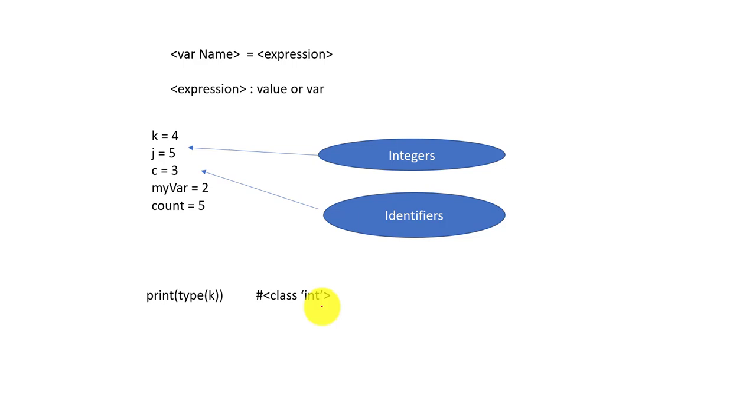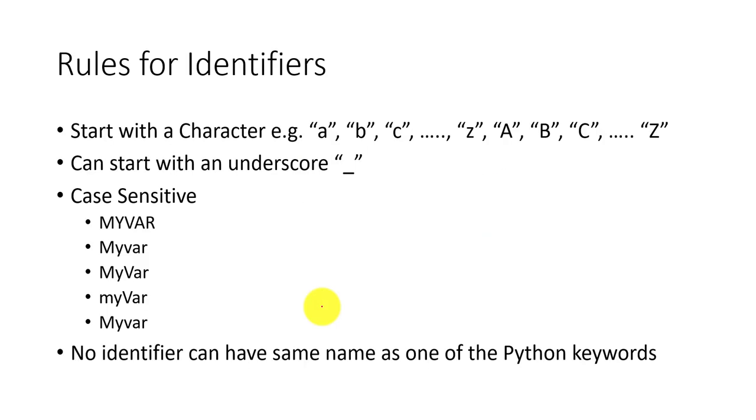Before we move on to the examples of variables, there are certain rules regarding the naming of variables or identifiers. We need to understand that first. So let's quickly go through them so that we do not make any mistake when we are writing the programs.